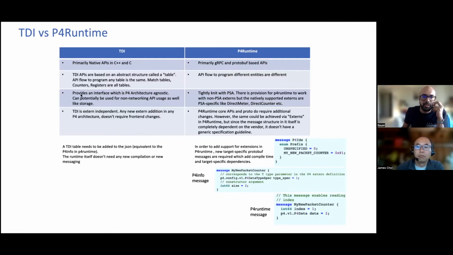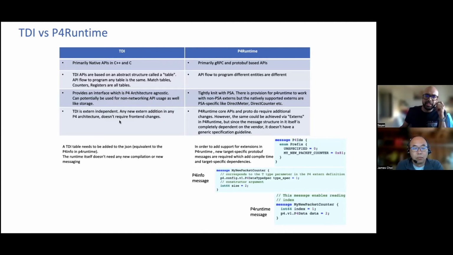Third point, TDI provides an interface which is P4 architecture agnostic. It's not tied to PNA or PSA or any P4 architecture. It can potentially be used for non-networking APIs as well, like compute or storage. P4 runtime, on the other hand, is tightly knit with PSA.